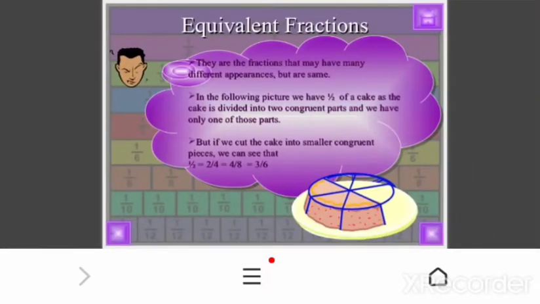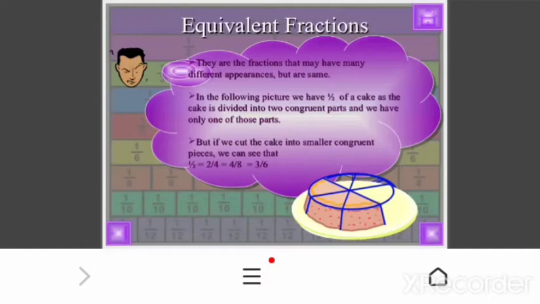Now children, we will understand what is the meaning of equivalent fractions. They are the fractions that may have many different appearances, but actually they are same. Like in the following picture, we have 1 upon 2 of a cake, as the cake is divided into 2 congruent parts, meaning 2 equal parts, and we have only one of those parts.